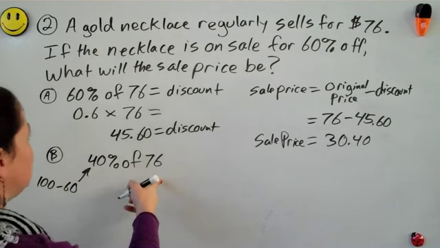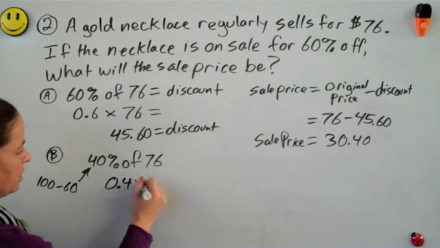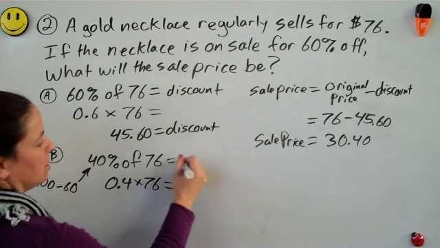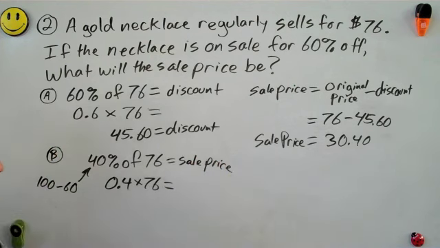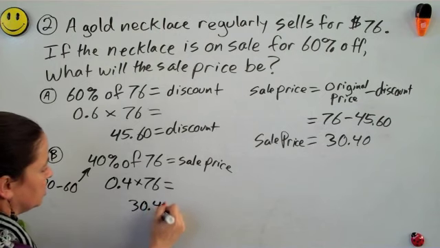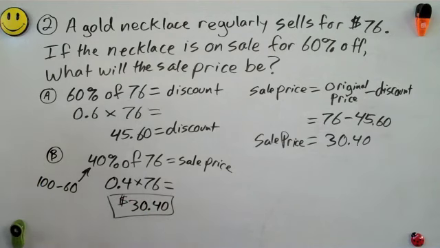So 40% of 76 is just 0.4 times 76, and that will get me the sale price instead of the discount. When I solve this, I will get $30.40, and that is my sale price.